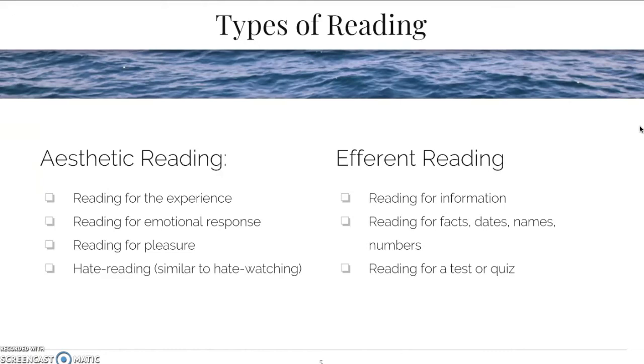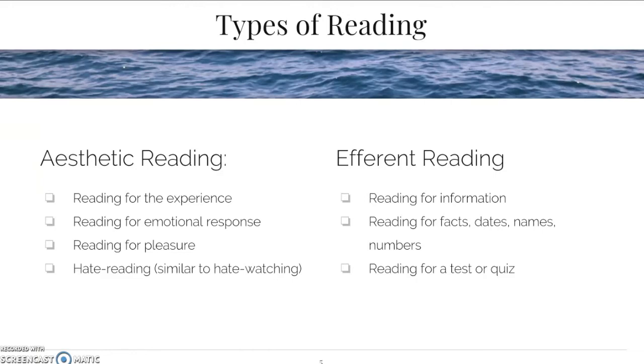On the other hand, we have efferent reading. And a lot of students are used to efferent reading, which is another way of saying reading for information, reading for facts, dates, names, and numbers, like the type of reading that you do for a test or a quiz.